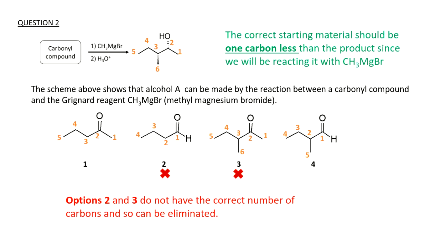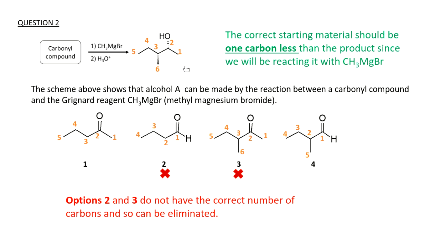So we have numbered our alcohol. And if you look at the different options given for the carbonyl compounds, we can see already that if we use carbonyl number 2, which only has 4 carbons, when we add that extra carbon from the Grignard, you will not have the required 6.